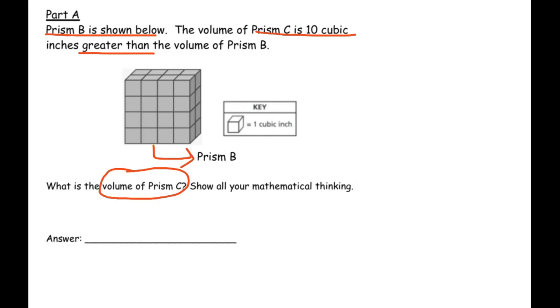So let's go ahead and put in the dimensions for prism B, and then we'll calculate the volume of prism C. So we can see here before us, let's go ahead and find the length. Here you see the length is 4 inches.